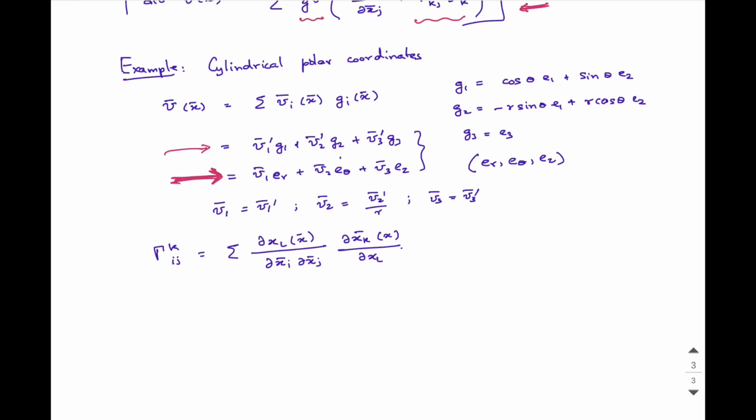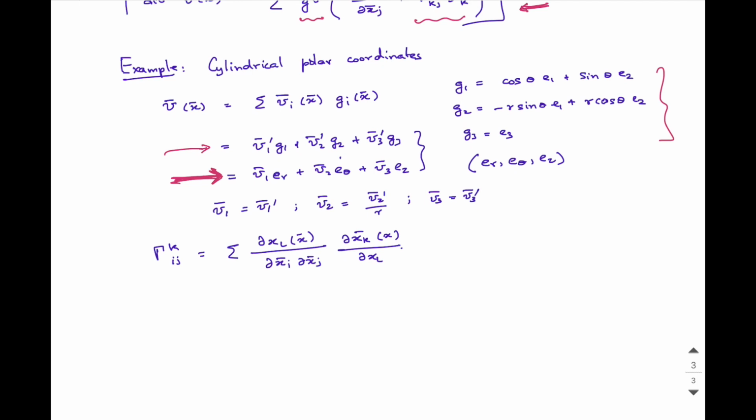But this turns out to be a very non-trivial computation, because you need to sum over l for each choice of i, j, and k. It's a very tedious calculation. But luckily, in the context of orthogonal curvilinear coordinates, there is a shortcut, which is that you can directly differentiate the expressions for g1, g2, and g3, and use the defining property of the Christoffel symbols.